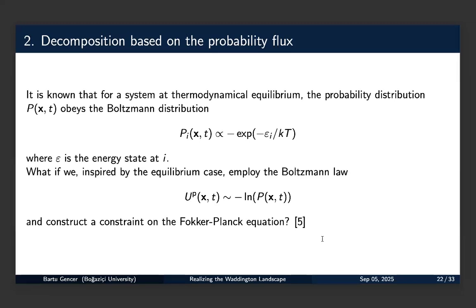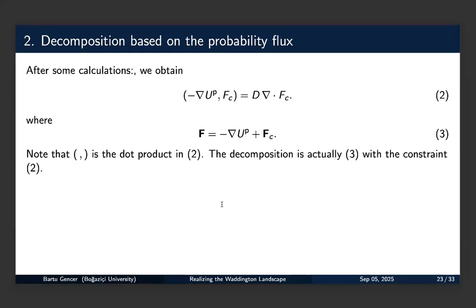So if we just use this energy state here as our quasi-potential, then we need to have this proportionality between U of P and the negative natural log of P. And what if we use this and try to construct a constraint on the Fokker-Planck equation? Well, it turns out when we do that, we come up with this equation 2, and this equation 2 constitutes a constraint for equation 3.